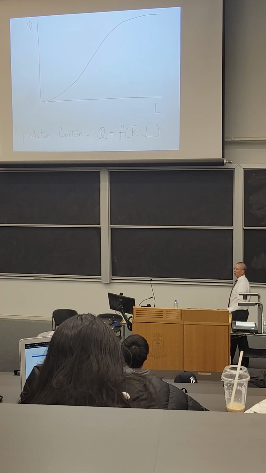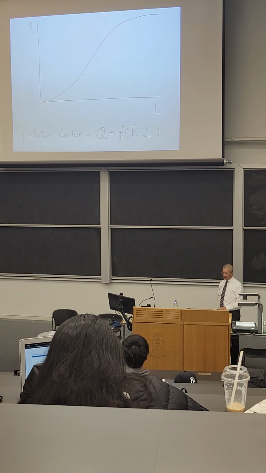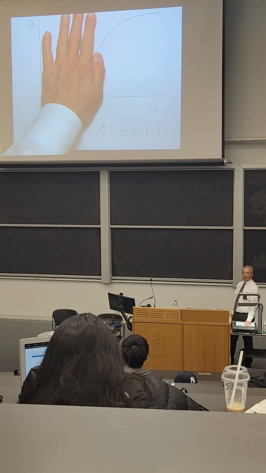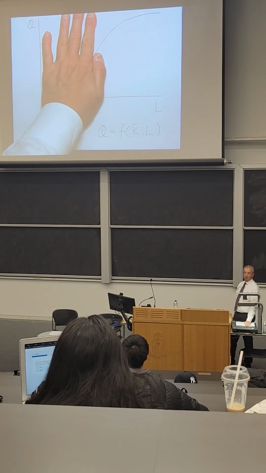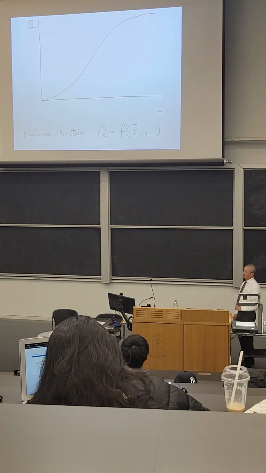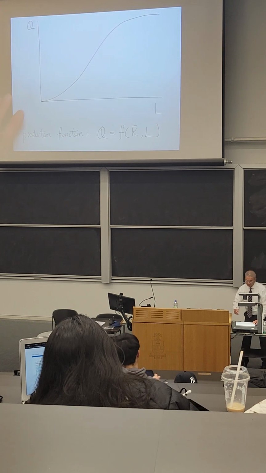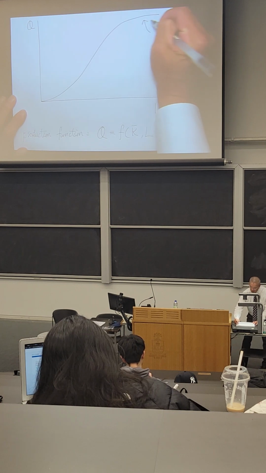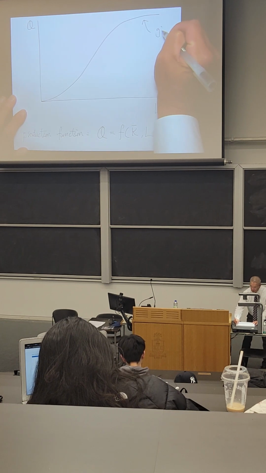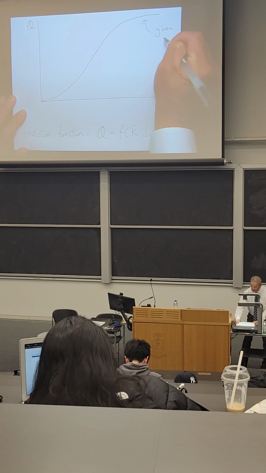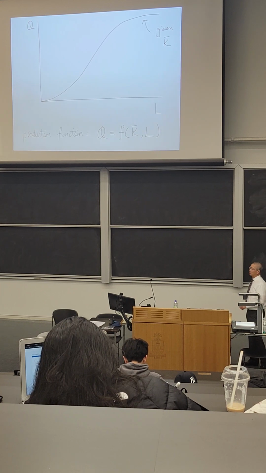So how do I know this is what the production function looks like? Now in the textbook, you only see this part. You don't see the full picture. That's why I don't like that part in the textbook. Now keep in mind, this production function is with the given fixed capital or factory size.